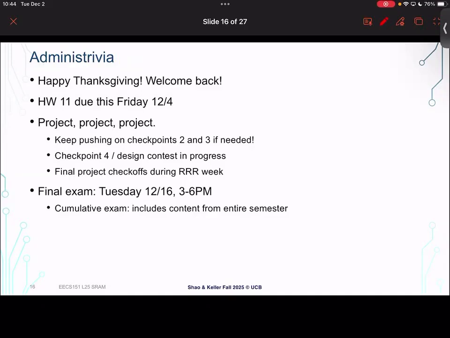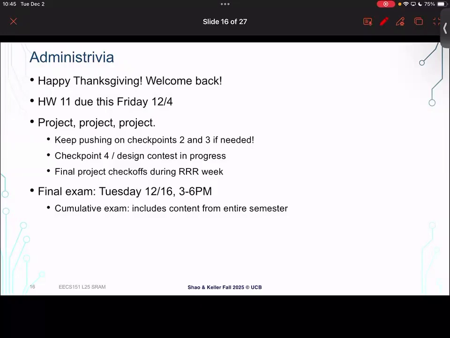Lastly, a reminder that our final exam is scheduled for December 16th, 2 weeks from today, from 3 to 6 p.m. It's a cumulative exam, so it will include everything from the whole semester. There are some details about that on Ed already, and we'll post much more as we get closer to the exam.